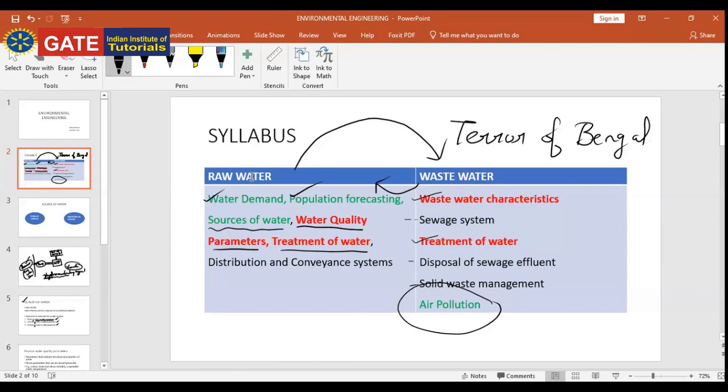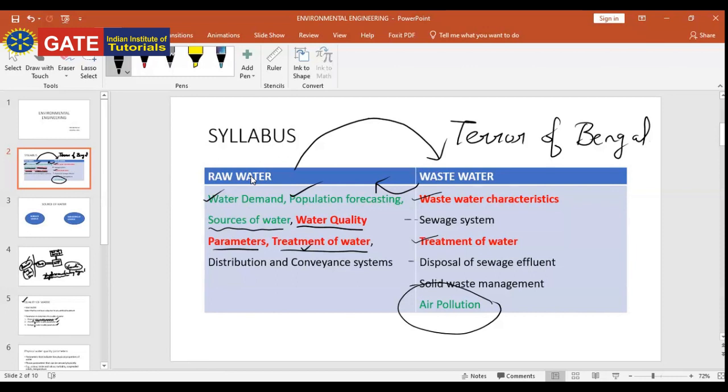Whichever raw source we get water from in nature, we don't use it as it is. Even though we take water from the purest well, we have the tendency to boil it. After boiling, we feel that okay, it is safe, because if it has some microbes, they will be dead. So we have to have some treatments on the raw water which we draw from the natural sources. So that is also important. What are the treatment techniques for each kind of quality of water?